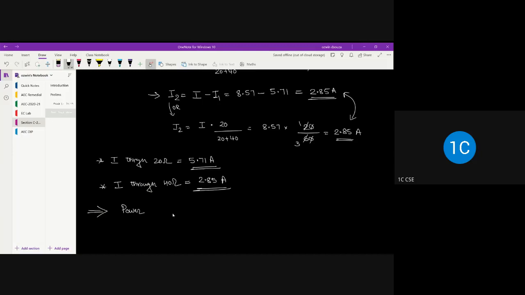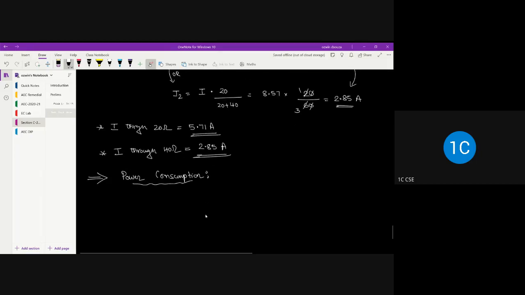Next, you have power consumption. Having known currents, you can find out the power consumption. So first, let me write the power consumed in the 20 ohm resistor, which is equal to I1 square into R. I1 is 5.71, right?